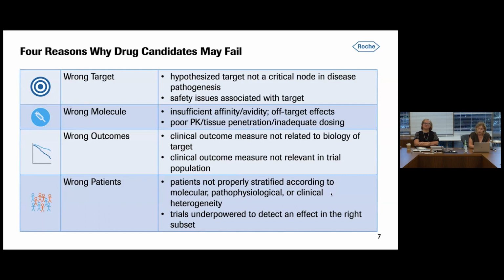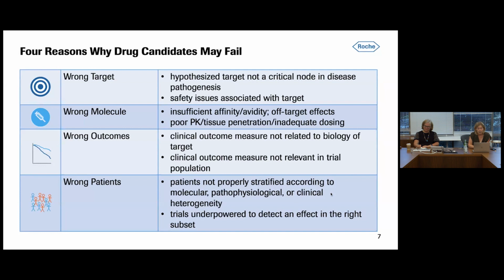You could also look at the wrong outcomes. There's not a good understanding between the target and the clinical outcome that we have, as well as the wrong patients. Priti will speak to this, or we will touch base on this in the companion diagnostics sections later on.